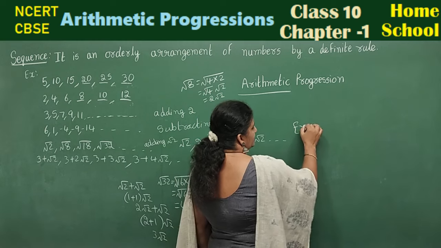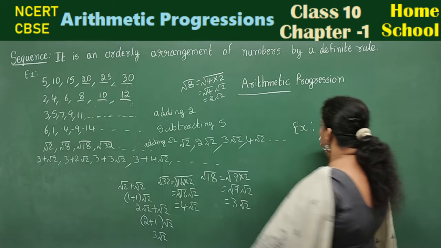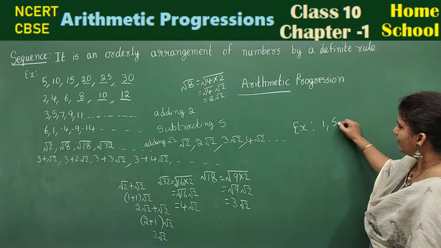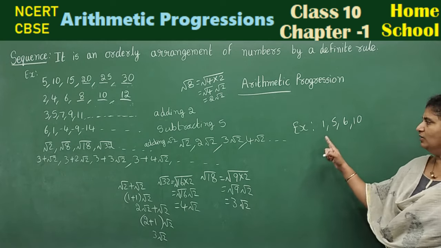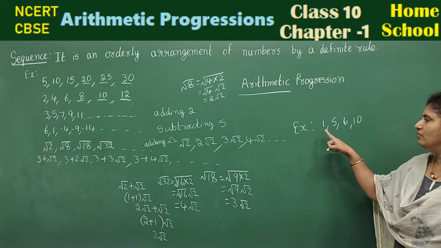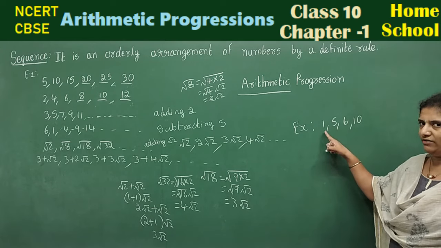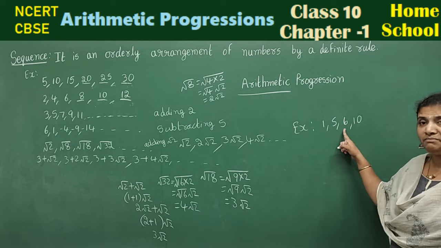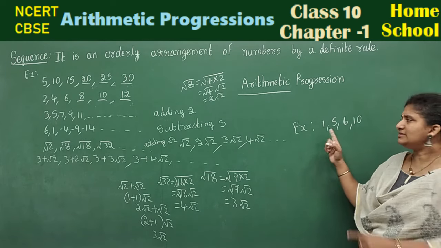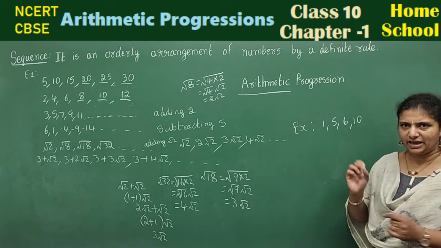Let us go with the examples which are not a sequence. 1, 5, 6, 10. Observe here, what is the rule behind this? 1 and 5: for 1 if we add 4, we get 5. But for the next number, we add 1. Is the sequence following the same rule?